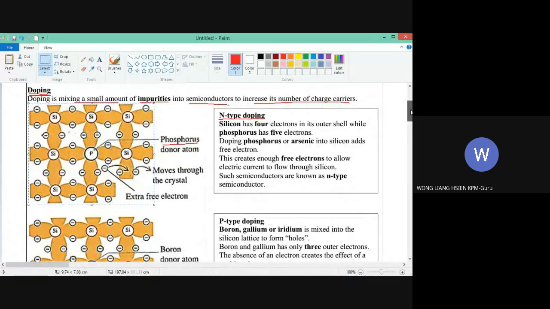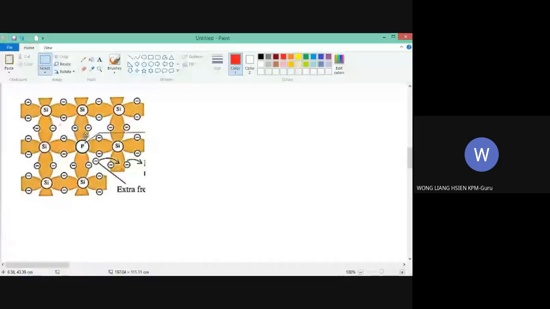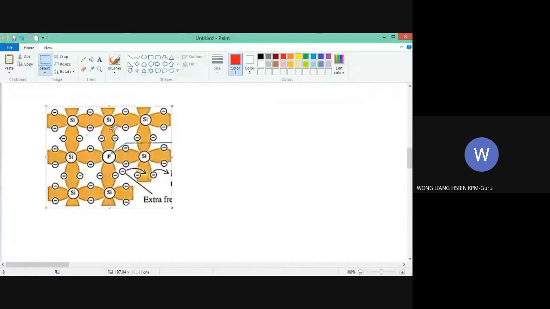I think I should introduce the silicon first. So let's say that this is silicon.